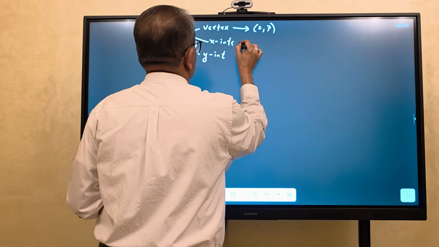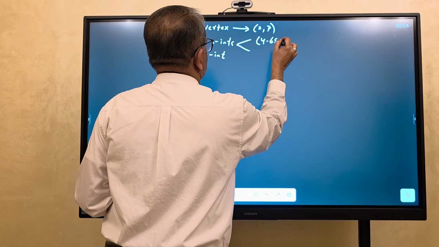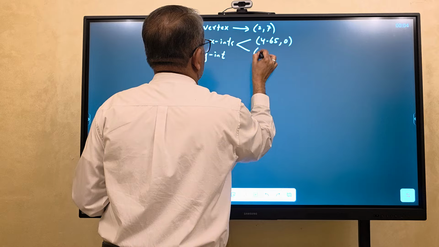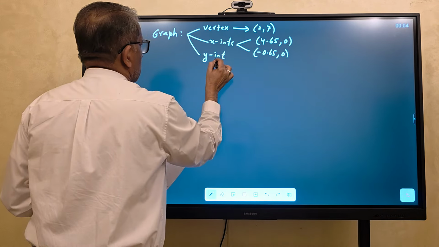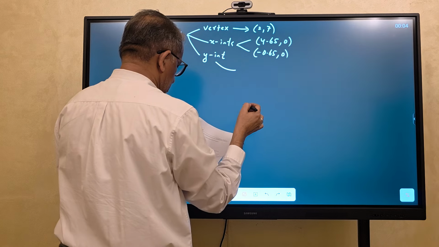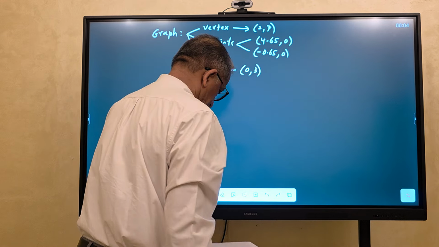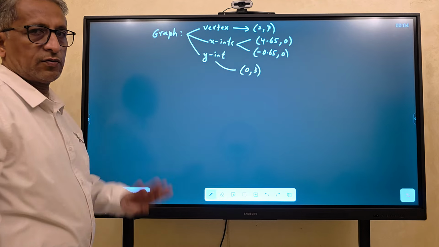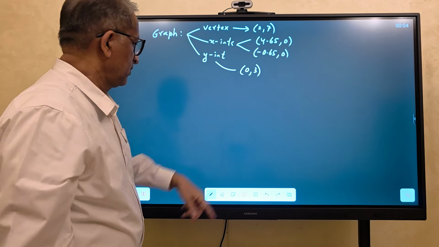The x-intercepts we have are 4.650 and minus 0.650. The y-intercept is (0, 3). So we have here 4 points.